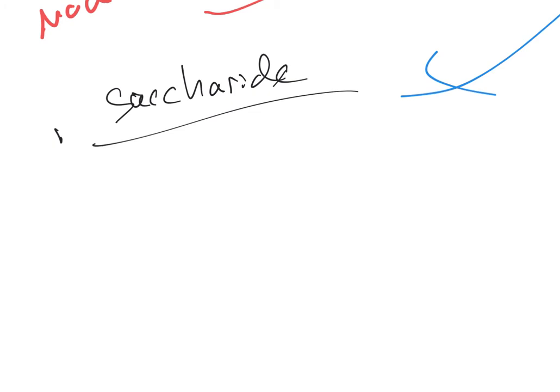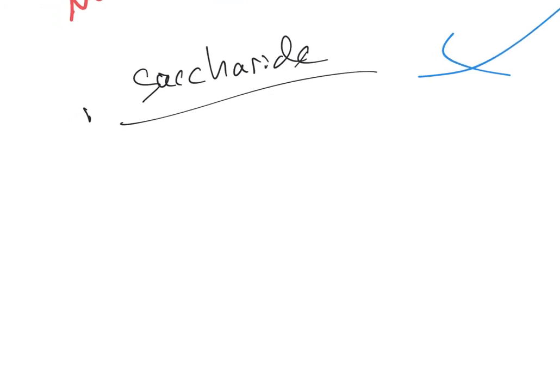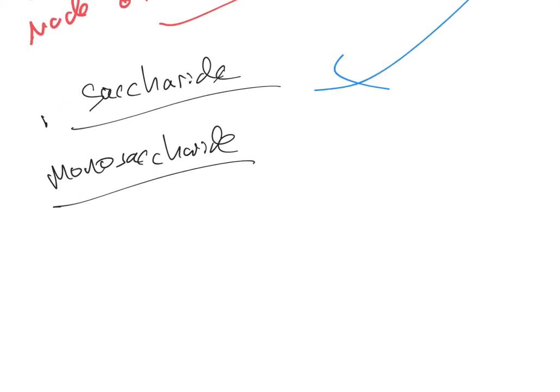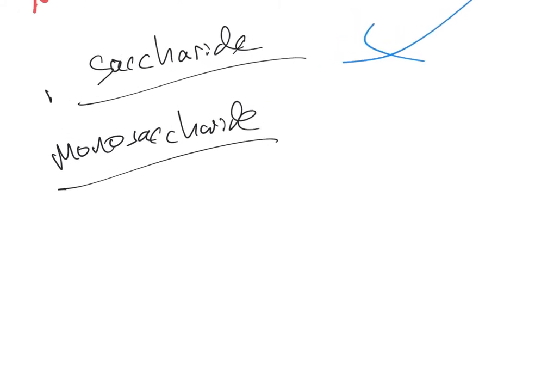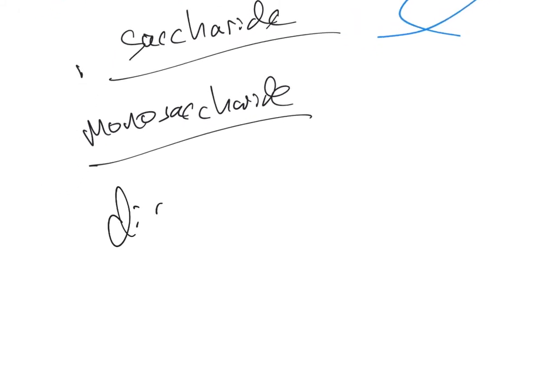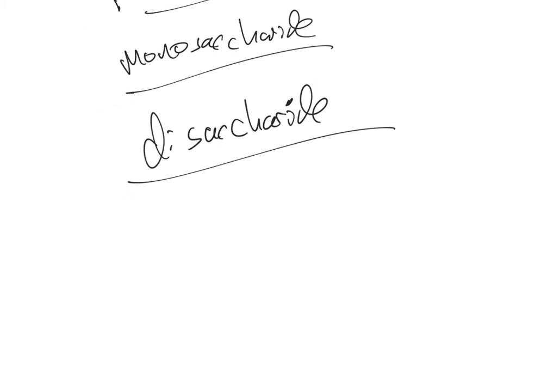Saccharide means sugar. So there is monosaccharide. We have disaccharide. And we have polysaccharide.